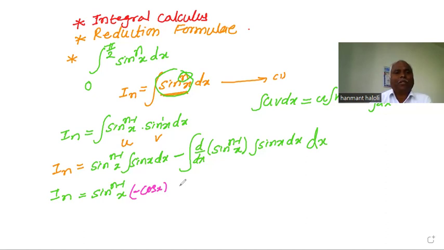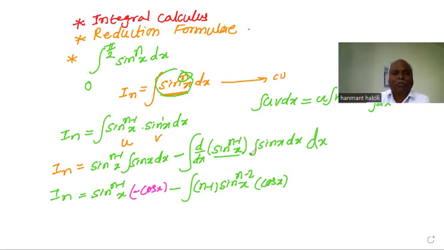Then again minus, inside the integration sign, the derivative of sine raised to n minus 1, which is n minus 1 into sine raised to n minus 2 x. After differentiating, it becomes n minus 2, and this is not just a single x, it's a sine function, so the derivative of sin again gives cos x. This is the derivative of the first term.